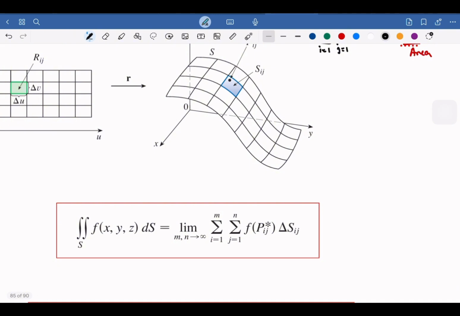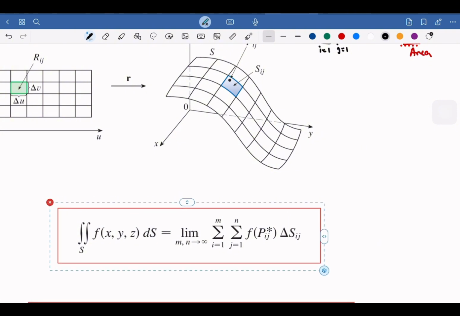So we take the limit as these sub-rectangles get smaller, if you cut into a lot of rectangles, we're going to see that the m and n are going to be larger, getting closer to infinitely large. So basically that is what we call a surface integral of a function f(x, y, z) with respect to dS.